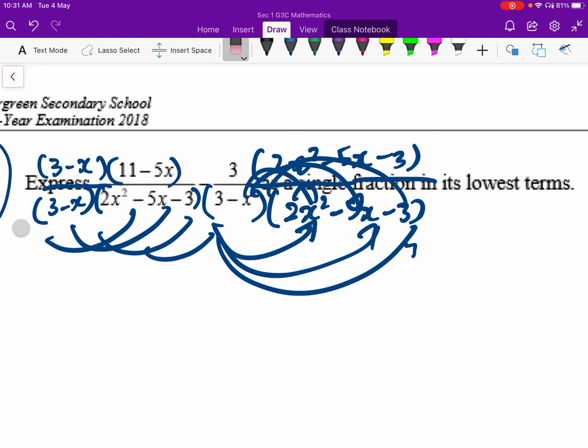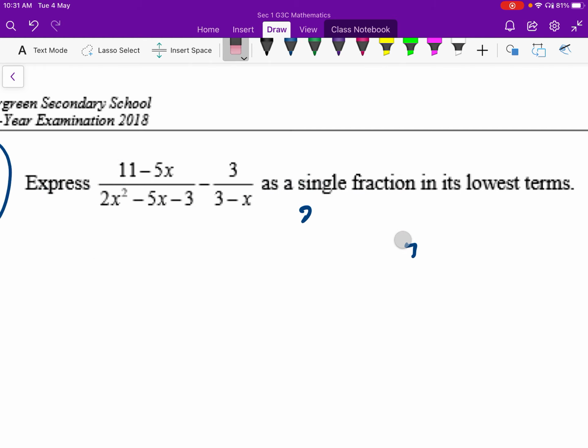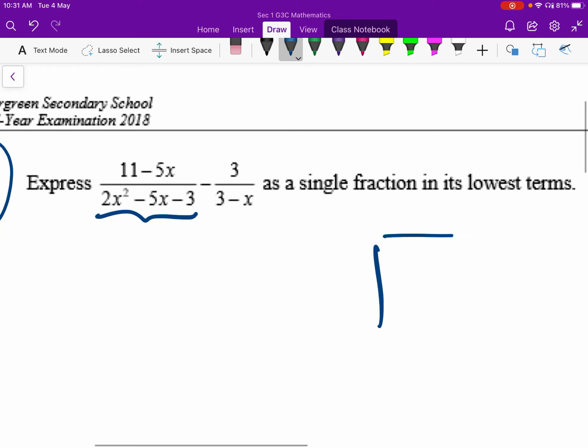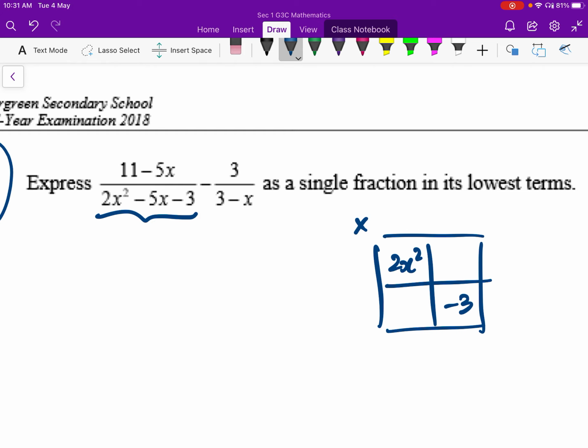So, we have to identify the factorized form for this. Can we factorize this? Turns out, yes, we can. With your box, we're going to put in 2x squared, and negative 3 over here. So find the factors for 2x squared: we have 2x and x.